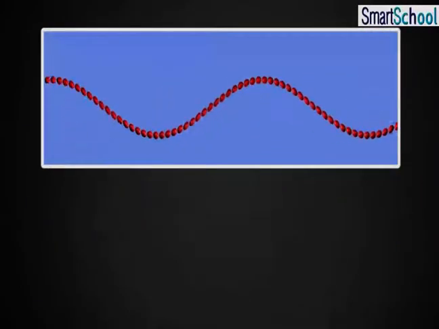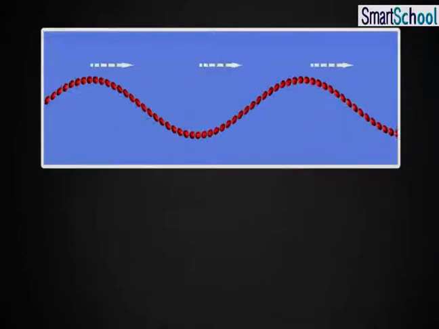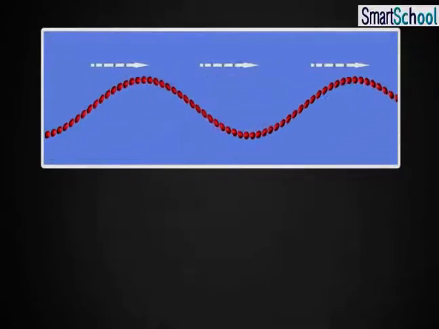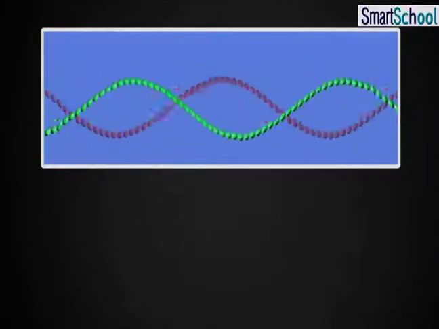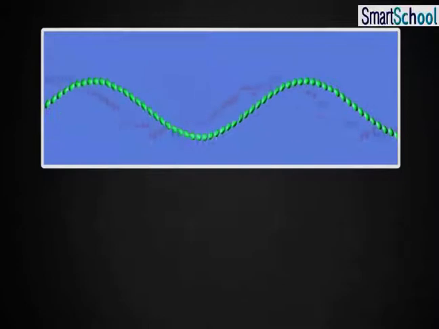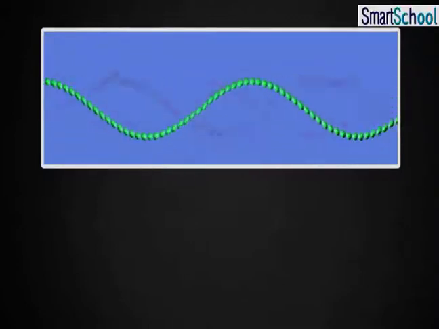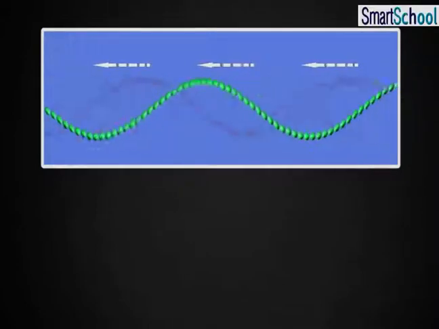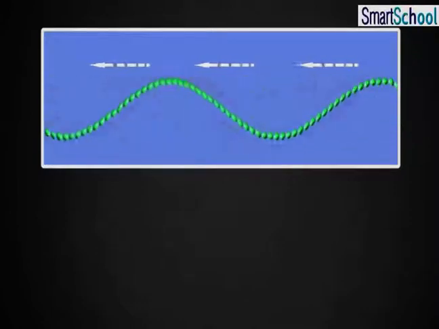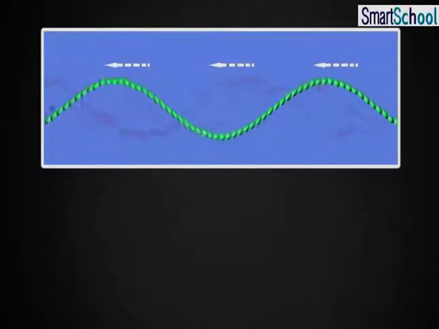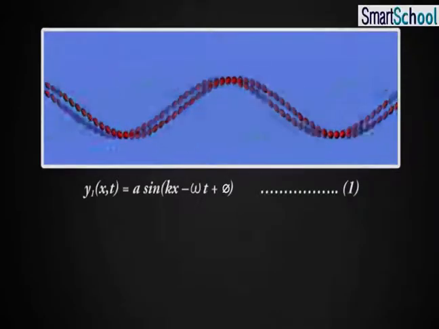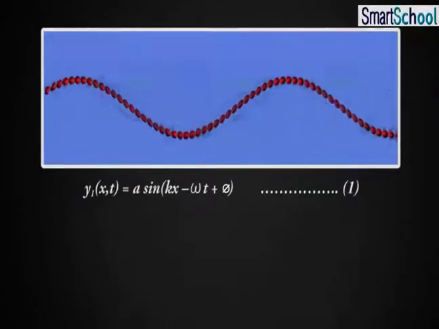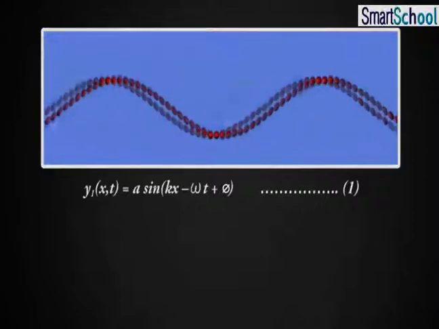Consider a wave traveling along the positive direction of x-axis and a reflected wave of the same amplitude and wavelength in the negative direction of x-axis. The equation of the wave will be y1(x,t) = a sin(kx - ωt + φ).